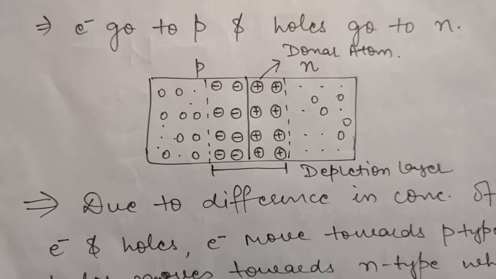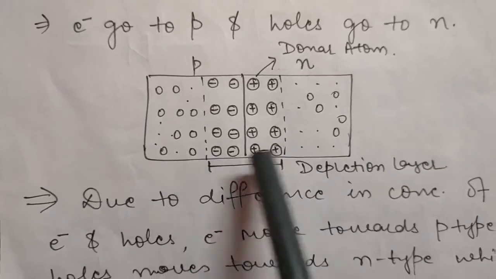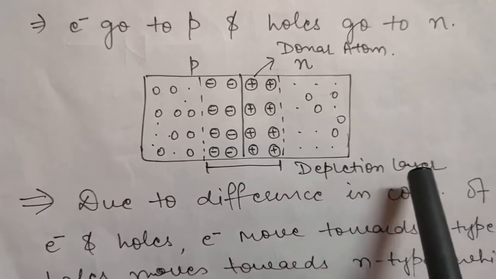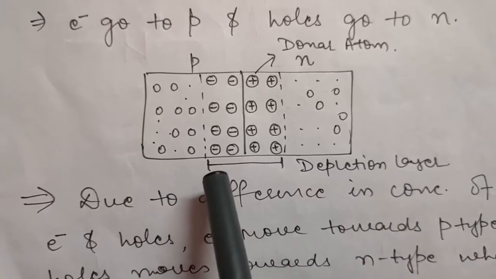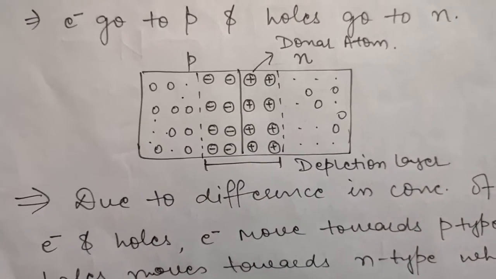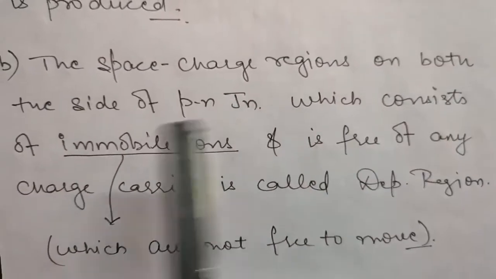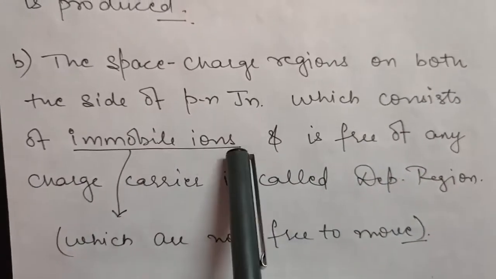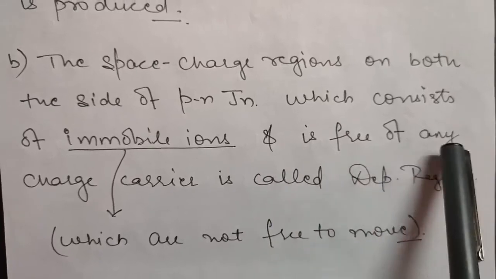Okay. So now, as you can see, there is a region formed by these immobile ions. This region is called the depletion region, or you can say depletion layer. Okay. So to define this depletion layer, you can say it is the space charge region on both sides of the PN junction, which consists of immobile ions, that is the ions which are not free to move, and is free of any charge carrier.